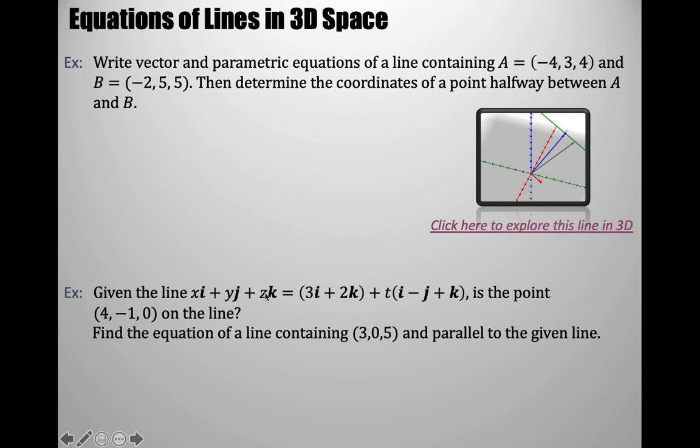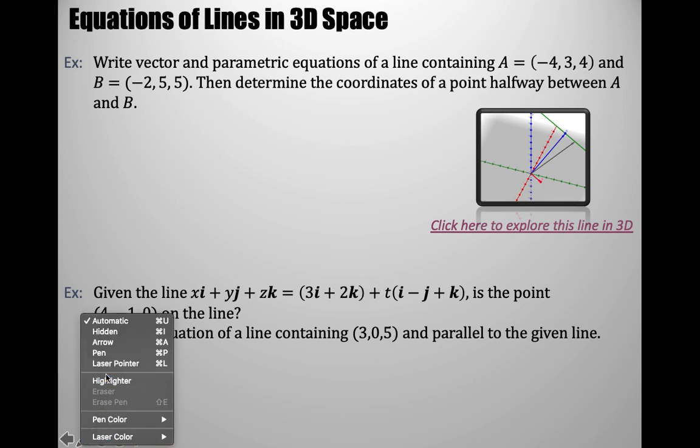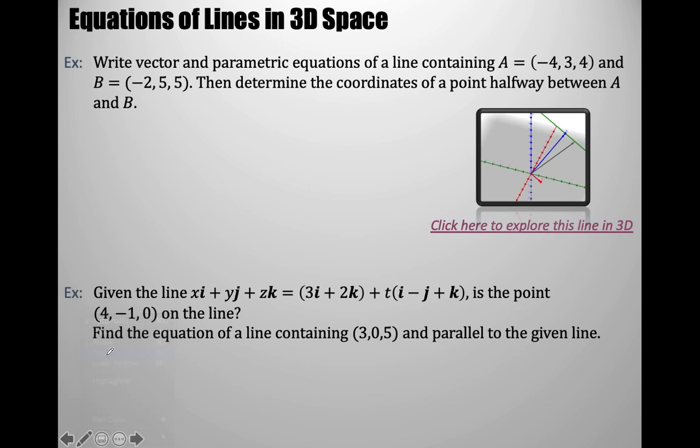I try to vary the way that we present you the same information. Given the line, x component in the i direction, y in the j direction, z in the k direction, is equal to this expression. Notice here's my t. I still have my t.